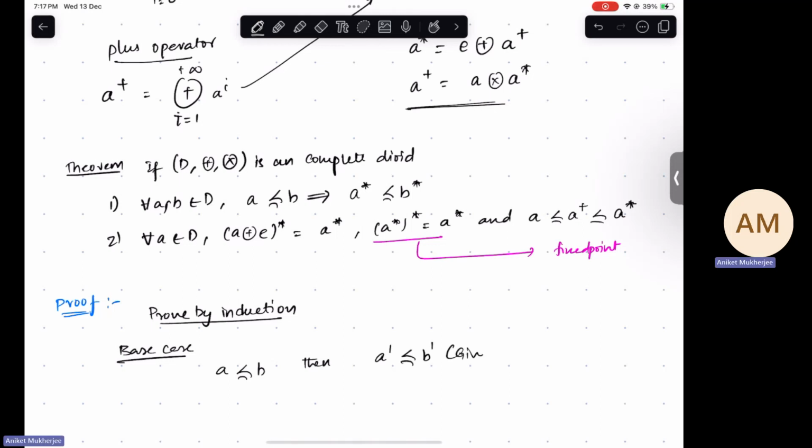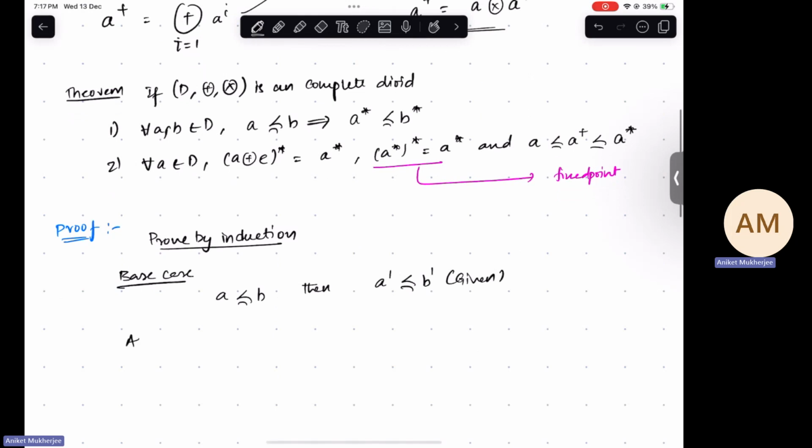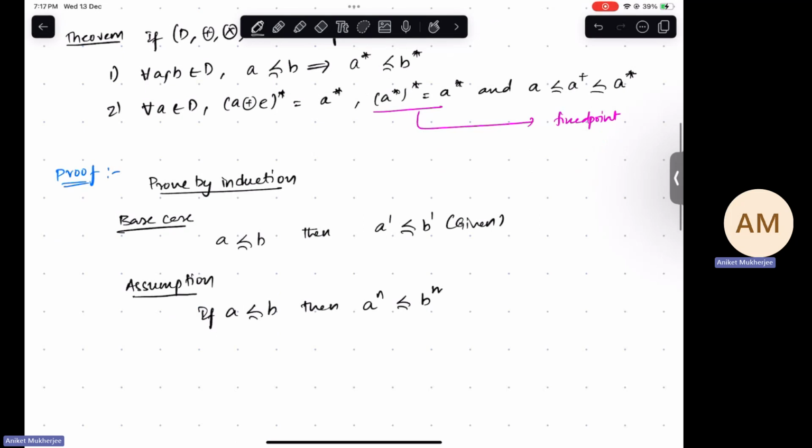This is given, right? Now the assumption is if A is dioid order B, then A^n is dioid order B^n, right? Now we need to show the induction step.